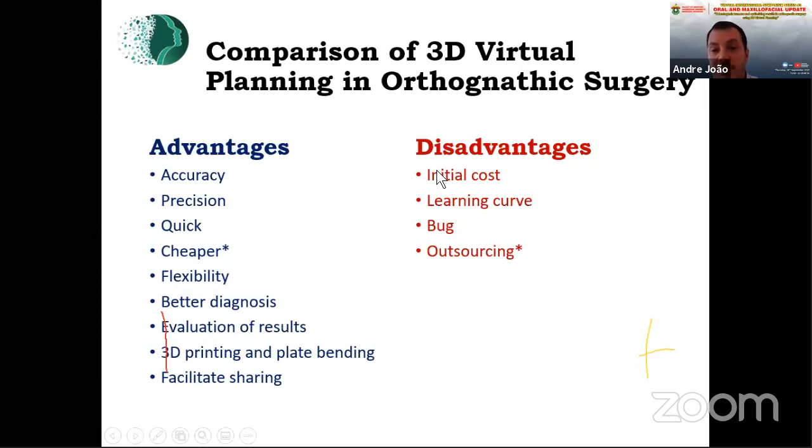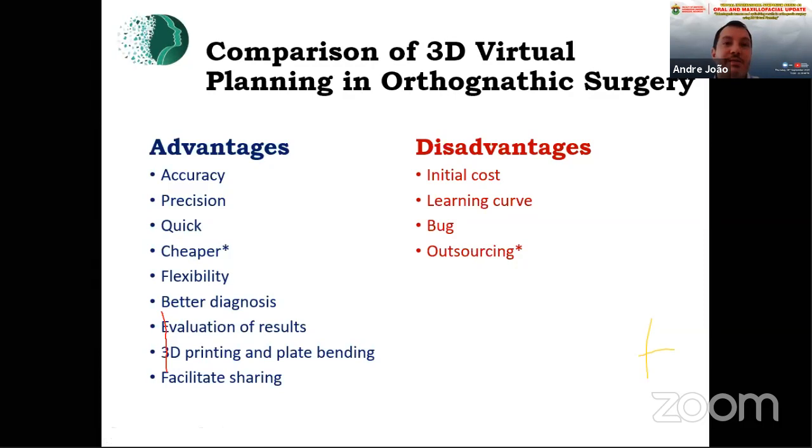In terms of disadvantages, I can say the initial cost, so, okay, it's quite expensive, and the learning curve is also a little bit hard. For instance, the first case took me 1 or 2 days to understand all the tools, and there were many tools I didn't know how they worked. So it's a little painful, this curve. It bugged. Okay, as all computers do, it's very common.